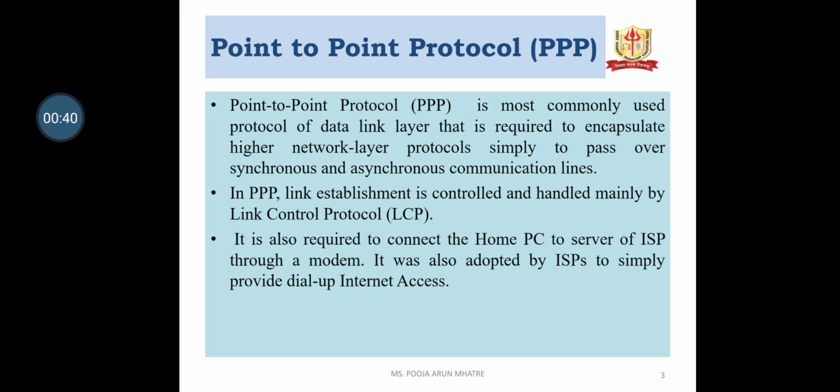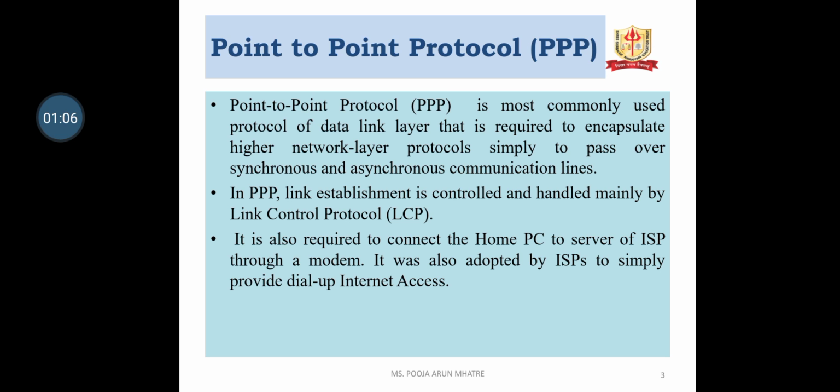Point-to-point protocol. Point-to-point protocol is the most commonly used protocol of the data link layer that is required to encapsulate higher network protocols simply to pass over synchronous and asynchronous communication lines.